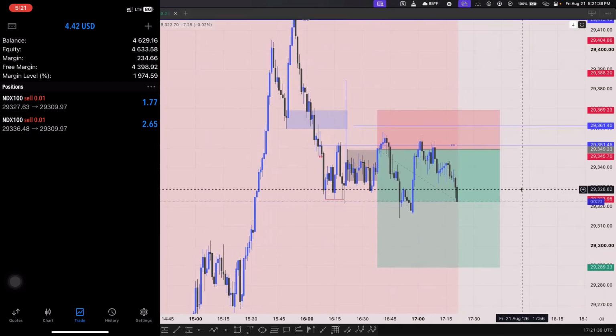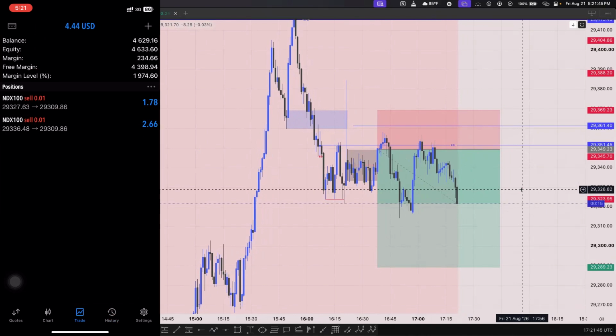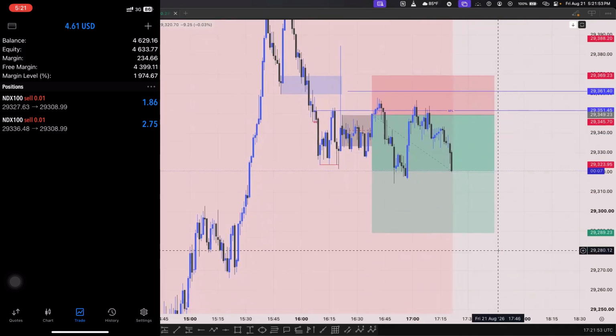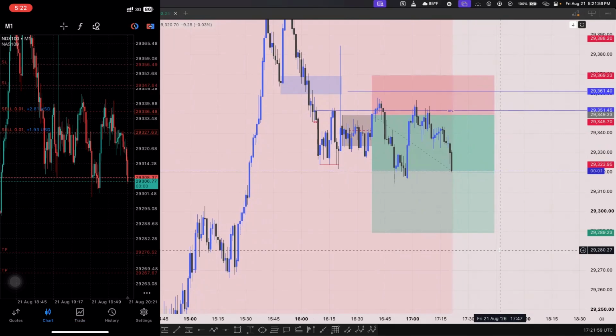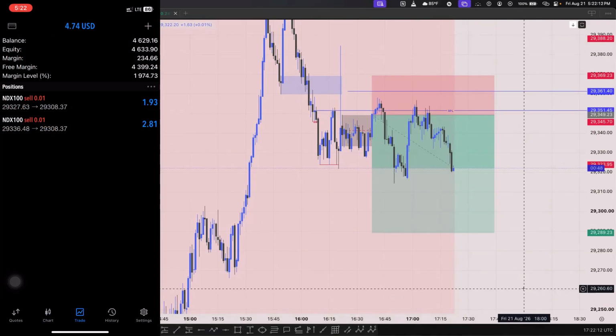And I was able to make a couple bucks yesterday to add up to the 4,619. Okay. So yes, now I'm sitting at 4,629. And hopefully if this trade hits take profit, I might make some profits for today as well. So this is the account I'm trading. I'm going to trade this account till I hit my profit target.